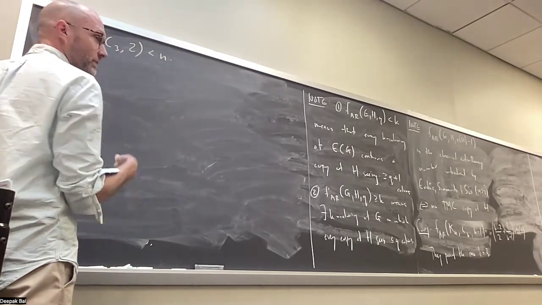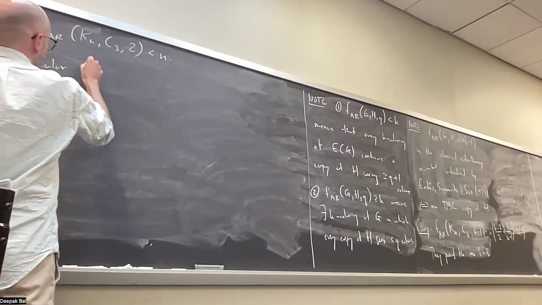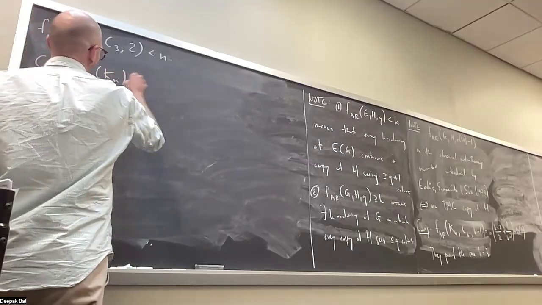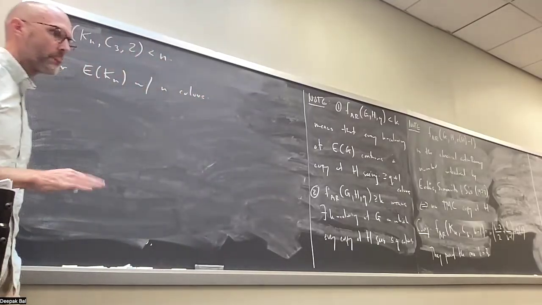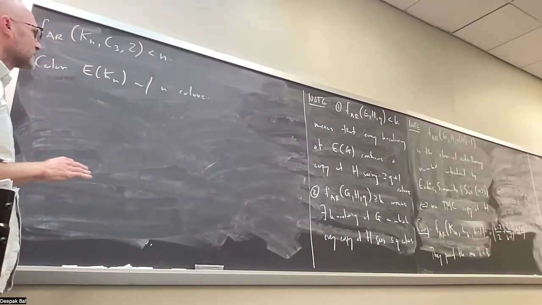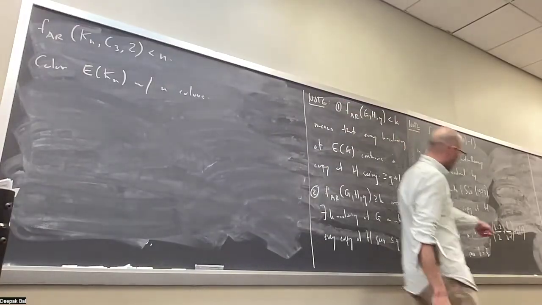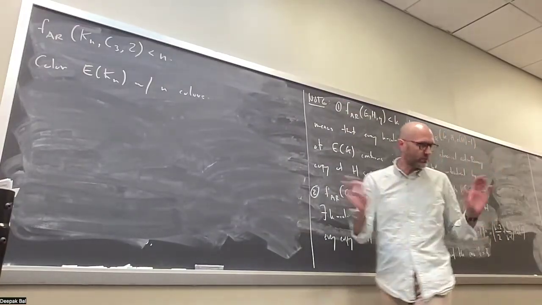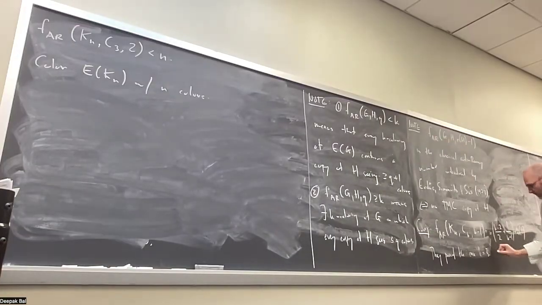They came up with this nice idea which said, well, let's imagine we color E of Kn with n colors. So your goal is exactly n, not a little low. I think it's going to be n minus 1. Our goal is n minus 1. I mean, they have an off by a constant, so we're going to prove actually that FAR of Kn C3 2 is equal to n minus 1.